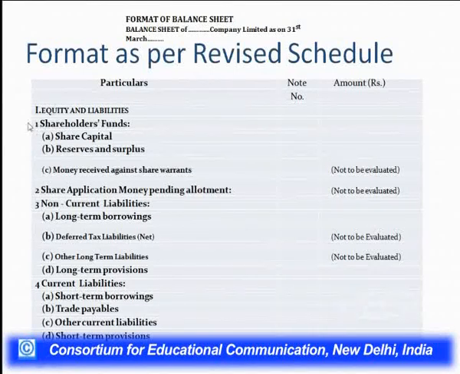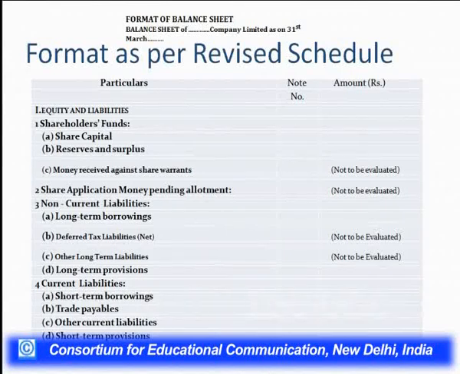Under that, the first head, number 1, is shareholders' funds. Here are share capital, reserves and surplus, and money received against share warrants. There are 3 subheads, so shareholders' fund is a wider term. It has share capital. Mind you, we need to show preferred and equity share capital separately. We cannot club them together.